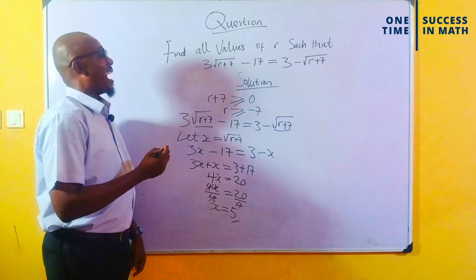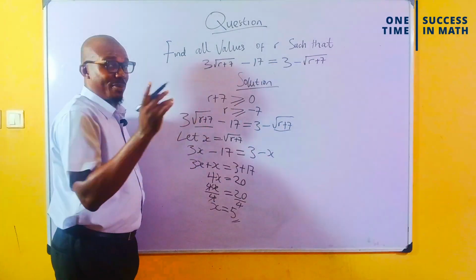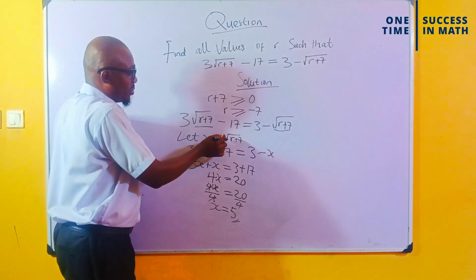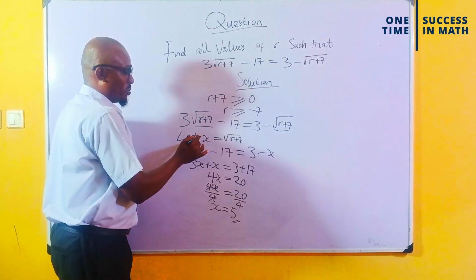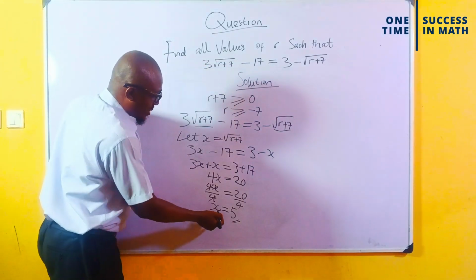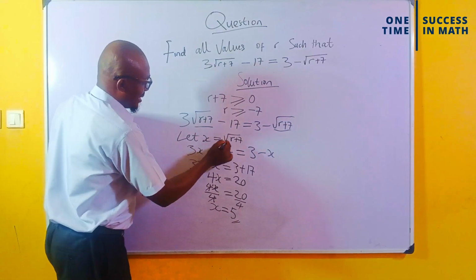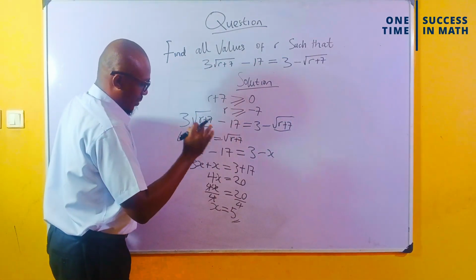But note, we are asked to find the values of r and not x. Remember, we substituted root of r plus 7 to be equal to x. We now need to resubstitute x, which is 5, into this very equation to get our r.